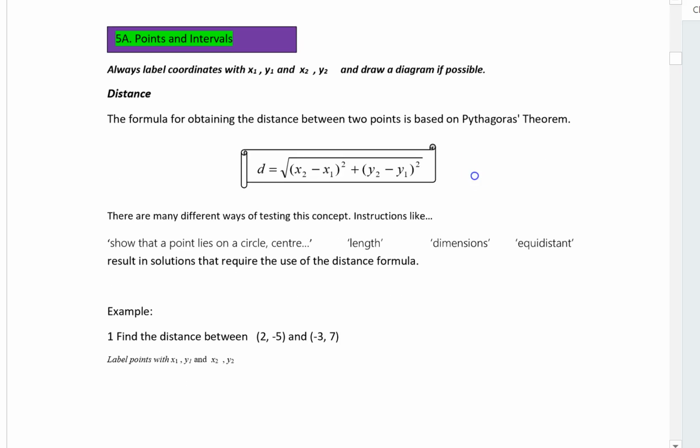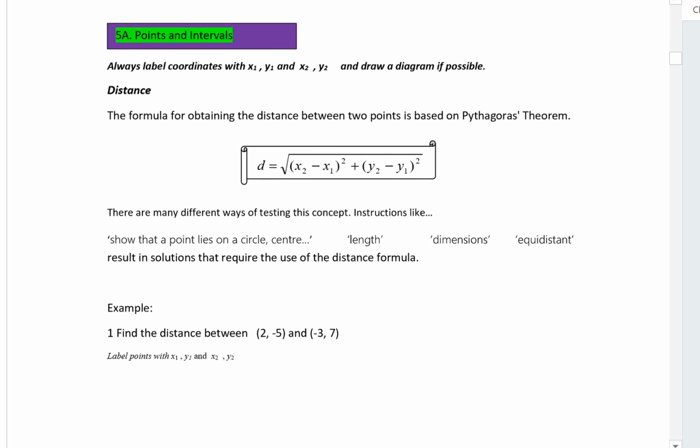Now, in exercise 5A, we're just talking about points and intervals. What's an interval? An interval has a definite starting point and finishing point. And that's why it's associated with points. That's the definition of an interval. It has a definite starting point and a definite finishing point.